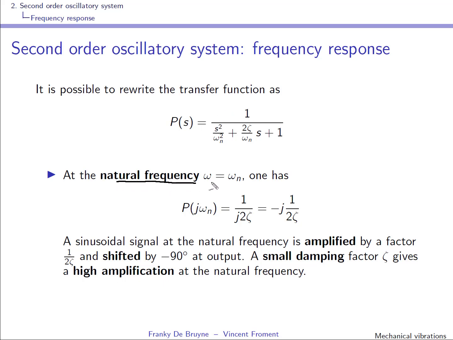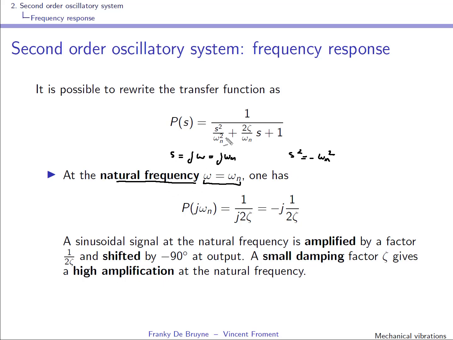natural frequency. So we'll consider that omega is equal to omega n. Okay, so we replace s by j omega. This time it will be j omega n. We square and we'll have s square is equal to minus omega n square, right?